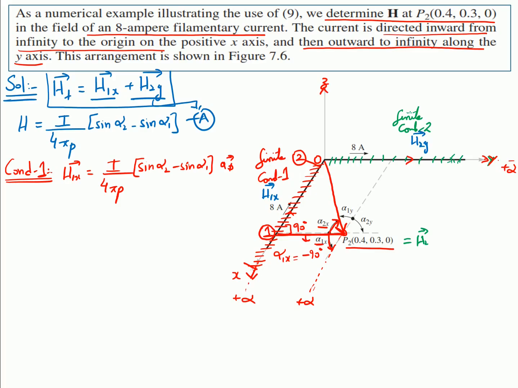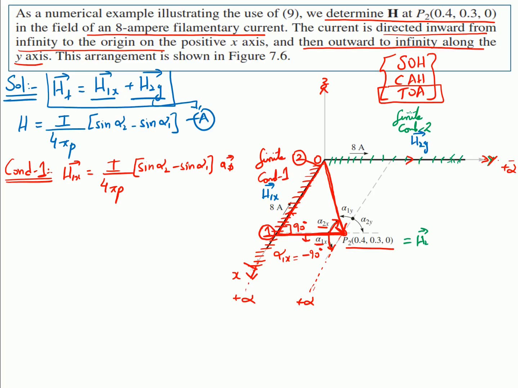Now what about alpha 2x? In order to find alpha 2x, I'm going to focus on this triangle, which is this portion. If I look at this triangle, I can use the trigonometric identities which we have discussed. And here I am going to use the tangent theta to solve this.